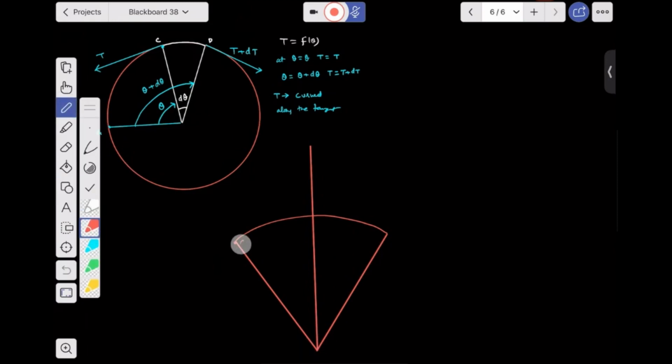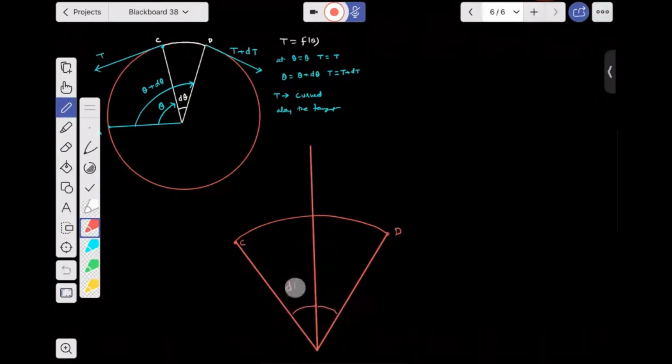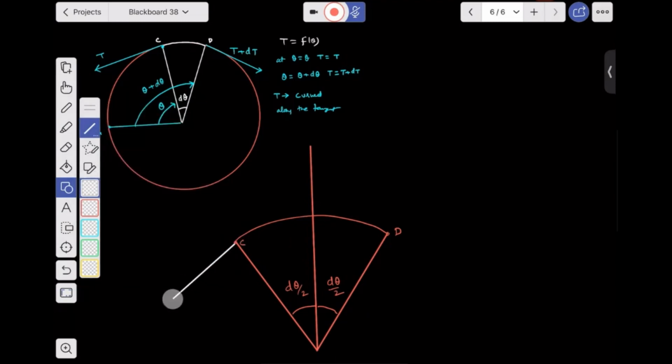So this is our point C, this is our D, and I have drawn a line bisecting CD into two equal parts. So this angle is d theta by 2, and this will also be d theta by 2. Tension at C is going to act along the tangent, and at D as well.